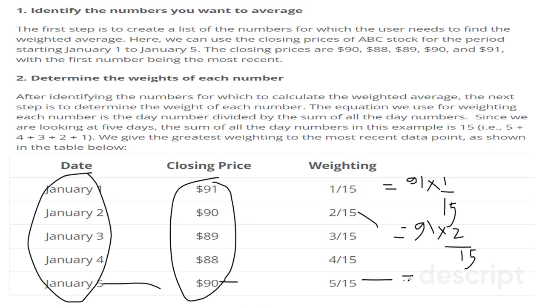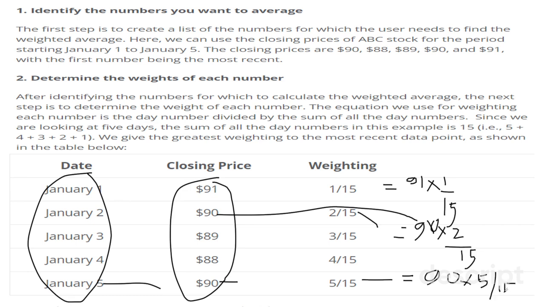The price is 90, for example, 90 into 5 by 15. So you can see it is giving much more weightage to the nearby price.